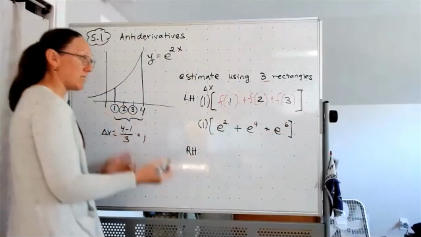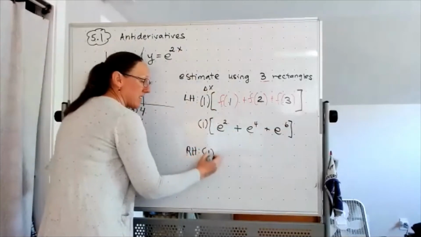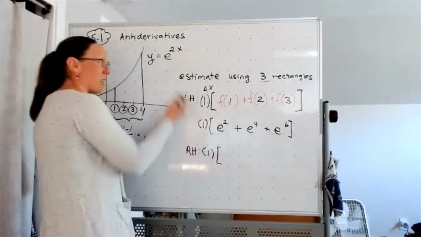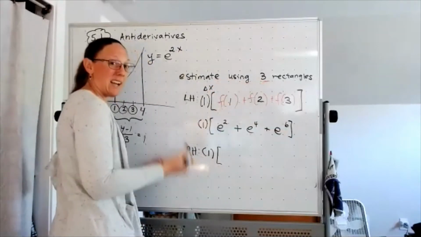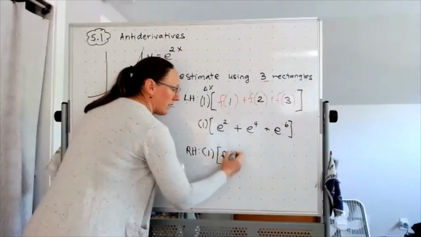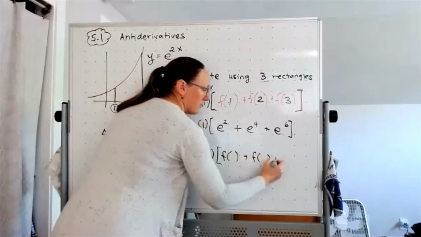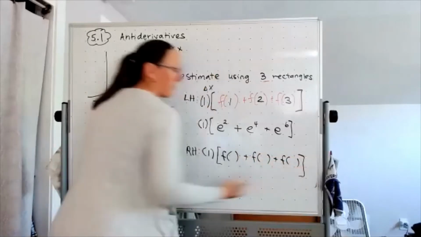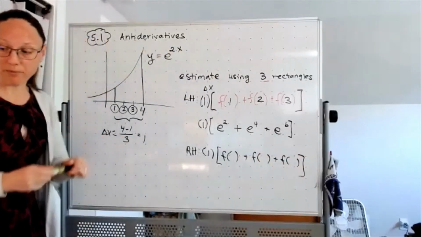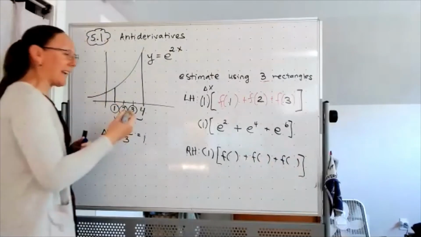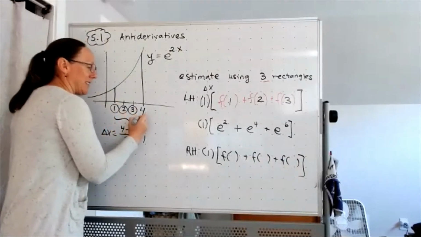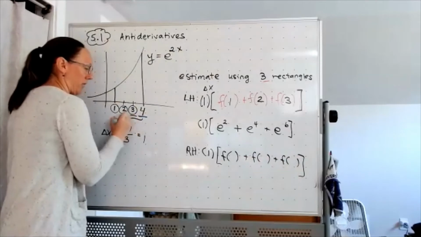If we do right-hand endpoints, now, same deal, I need my delta x. And because it's 3 rectangles, I still need 3 of these. But my heights are going to come from starting on the right-hand side this time. So I'm going to have a 4, a 3, and a 2.